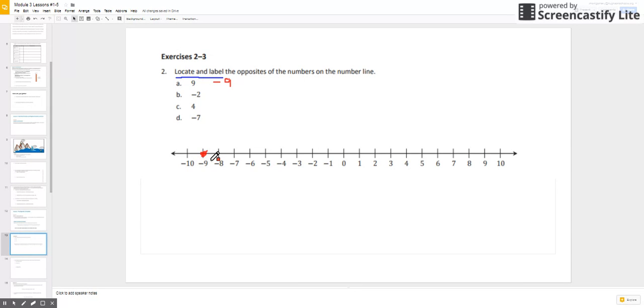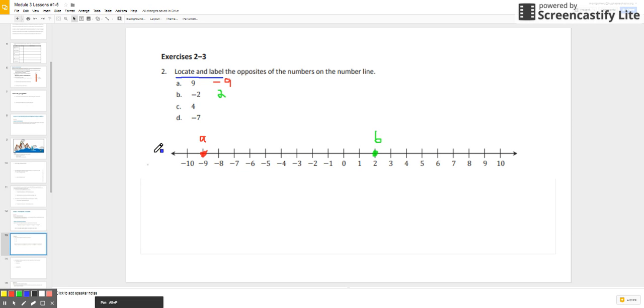Let's label it A, because that is letter A. If you have a different color, take it out. The opposite of negative 2 is positive 2, because negative 2 is 1, 2 from 0. I want to go 1, 2 to the right of 0, so let's label it. That's letter B.